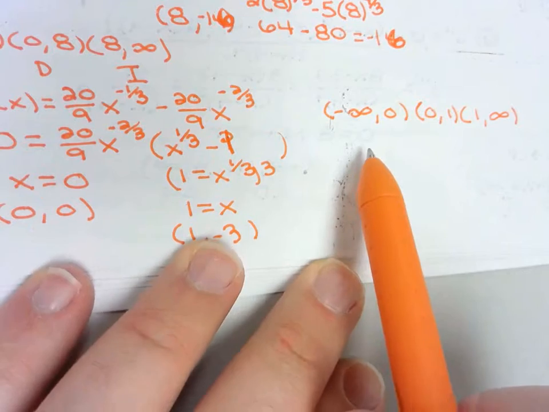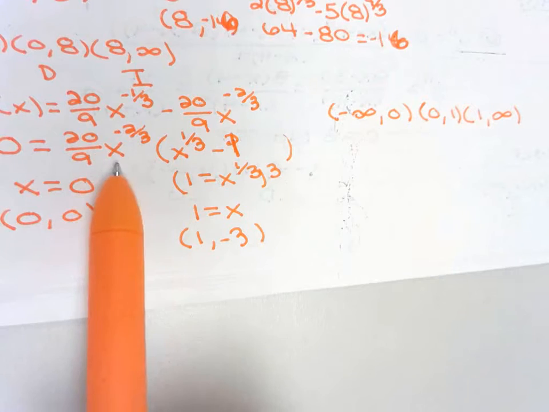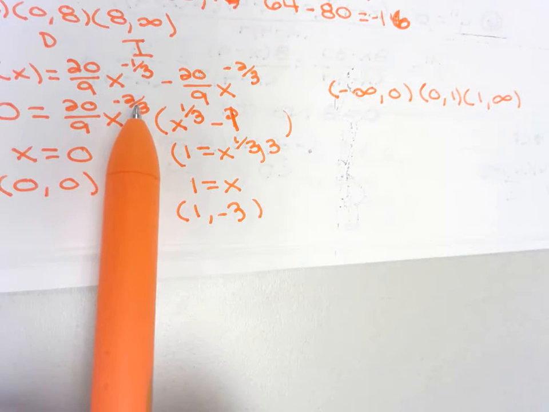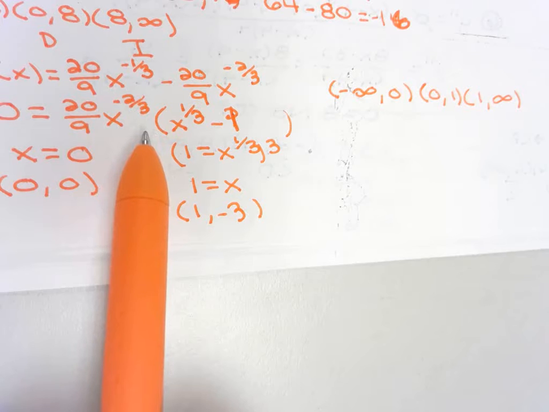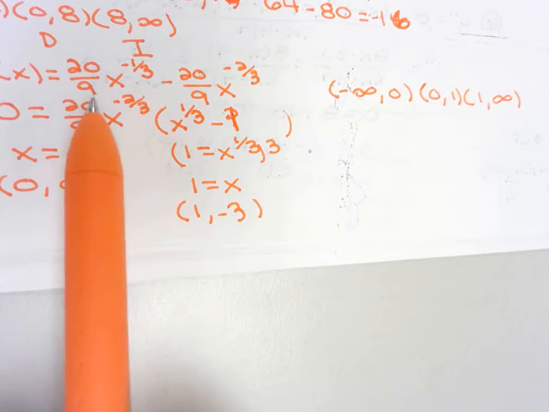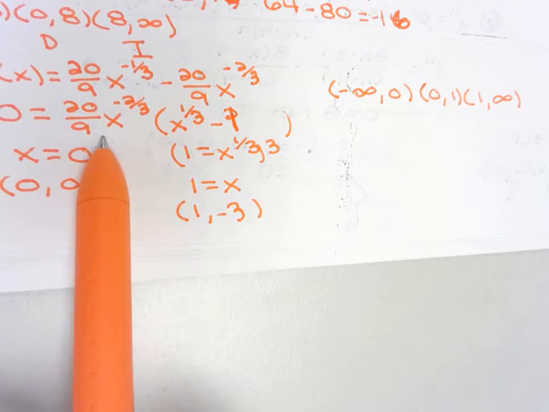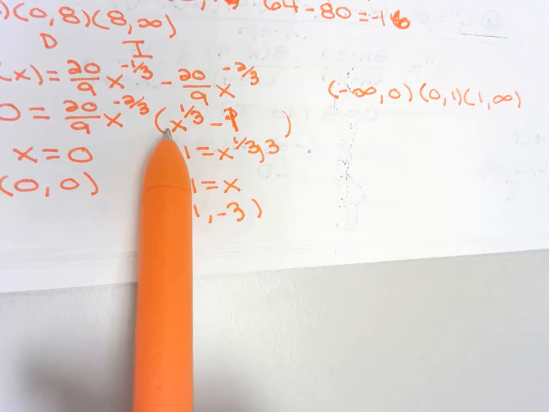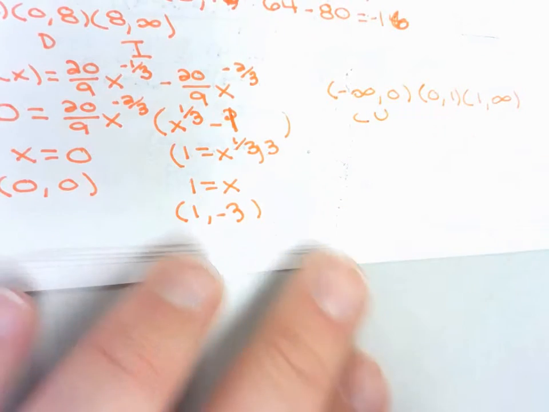If I plug in a negative 1 into the second derivative, let's see what I have here. It's going to be a little hard to think about. Negative 1 to the negative 2/3. If I move it to the bottom, negative 1 to a positive 2/3 will give me back the third root of a negative squared, positive. So this will be a positive times a negative. So it will be concave up. That will be a positive.